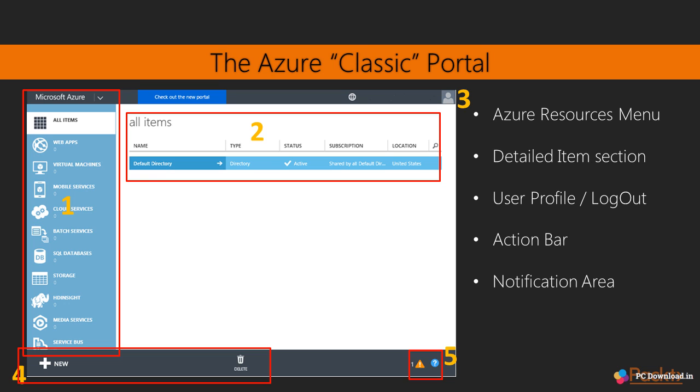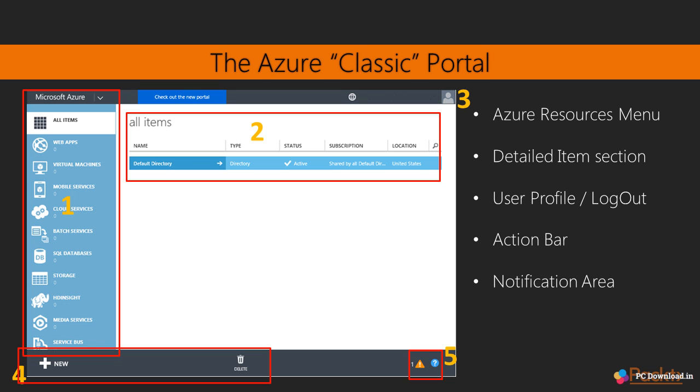On the top right-hand corner, you have your user profile, from where you can see some detailed information regarding the logged on user account, and it also allows you to log out in a secure way. Underneath, at the bottom of the window, we have the action bar, allowing you to execute certain tasks like creating a new virtual machine, creating a new website, or what have you.